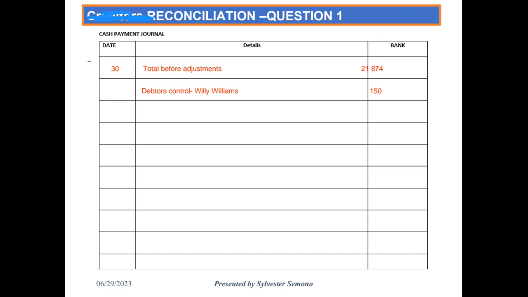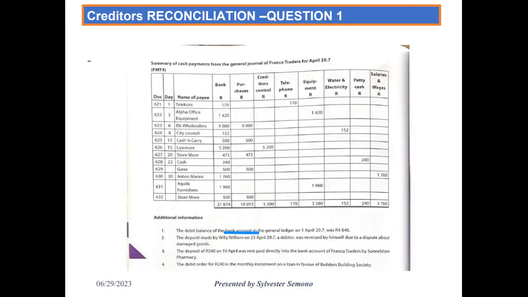That was the receipt, that was number 2. Number 3, a deposit of 560 on the 10th of April was rent paid directly into the bank account of Franco by Sonneblom. That is the rental income, or rent received.